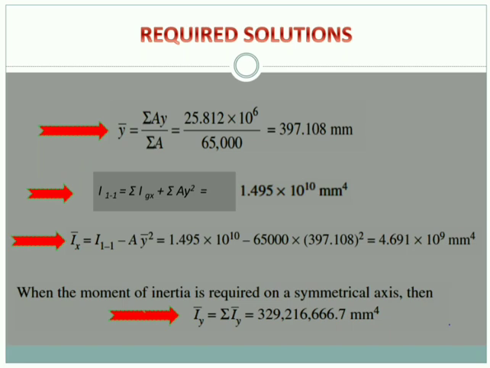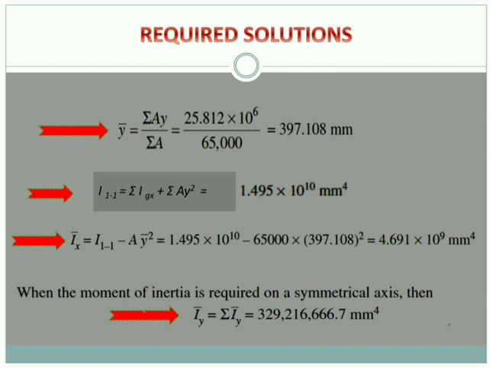So what has to be done here, as our figure was not symmetrical about which axis? The horizontal axis. We needed to first find I11 using the moment of inertia definition. Next we applied the parallel axis theorem and found Ix. But as the figure was symmetrical about the vertical axis, Iy we got directly by summation of Igy.